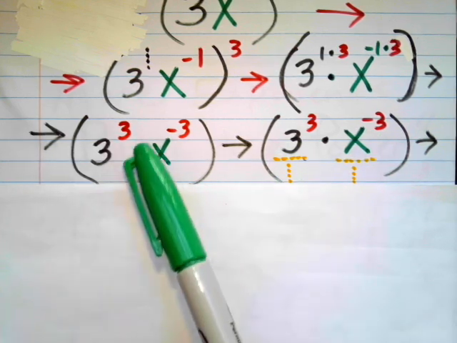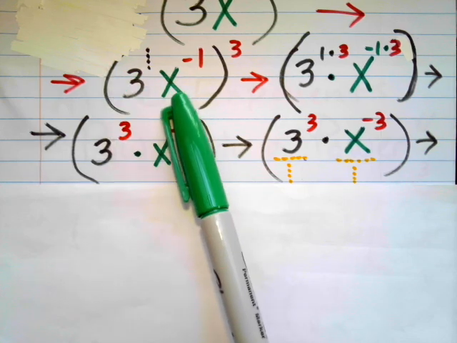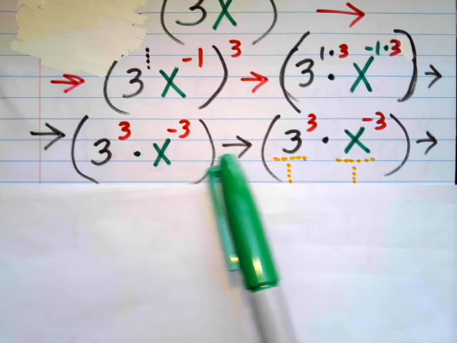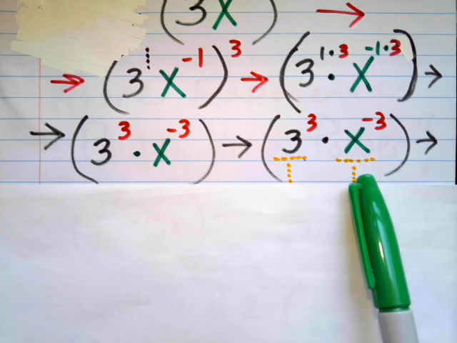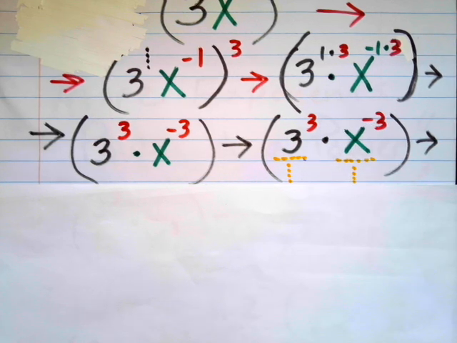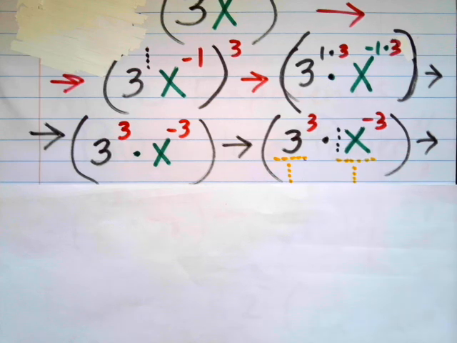I also want to show you that this 3 and x are attached through multiplication, so I'm going to separate them with the multiplication symbol. Again, show those invisible ones. It becomes extremely important in order to turn that negative exponent into a positive exponent. And remember, there's also that invisible one in front of that x.